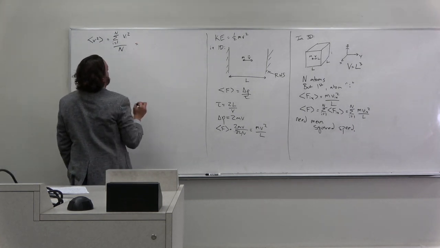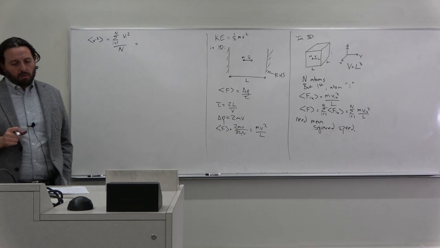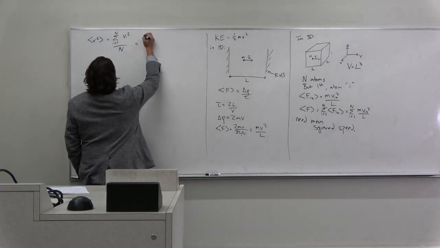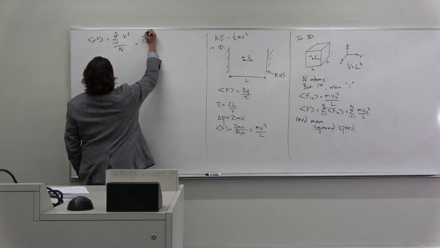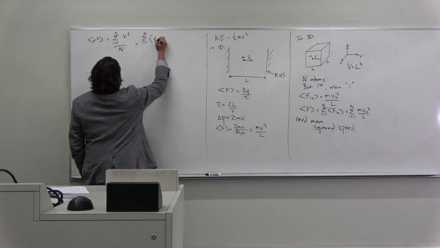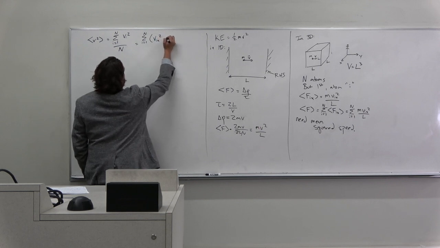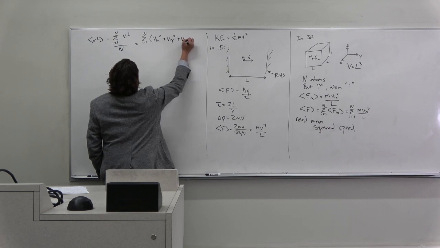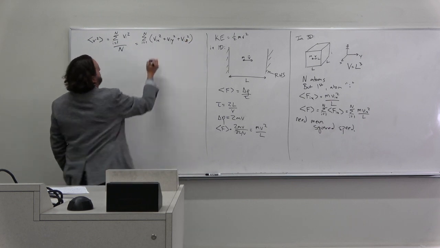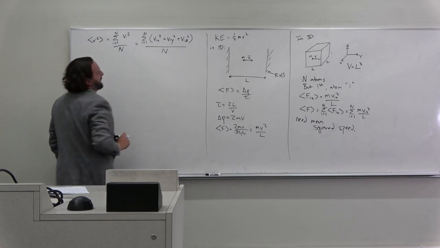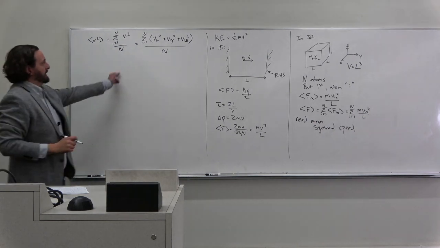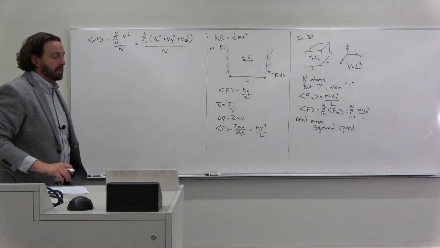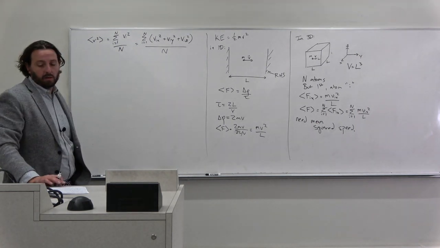But this is in some arbitrary direction. So I'm going to have to say that this is really some possible combination of the motion of it in the x direction and the y direction and the z direction. It could be moving in any direction, and since it's the average squared velocity that we care about, we're going to have a mean squared speed.